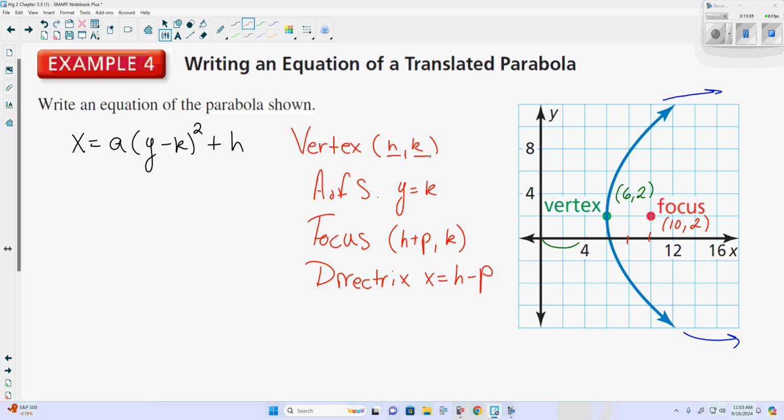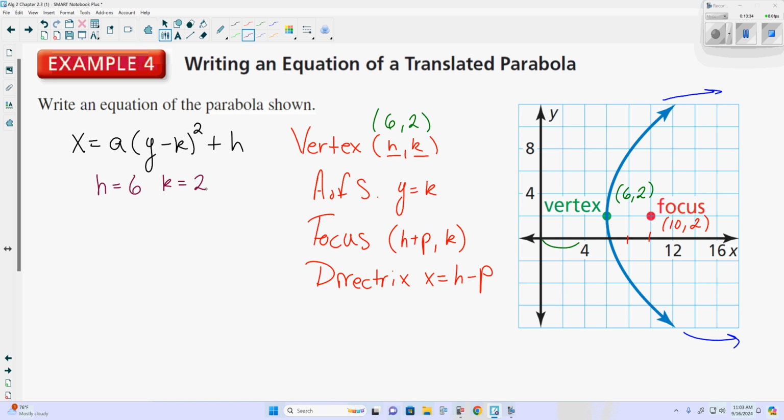Vertex is the point h comma k, yes? For us, we found the vertex to be what? 6, 2, yes? So what do we know about h and k? For this here, h has to be what? 6. K has to be 2. Vertex, h comma k. Vertex is the point 6, 2.